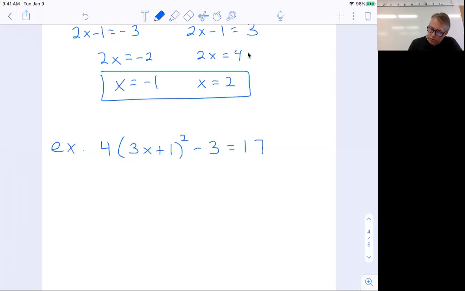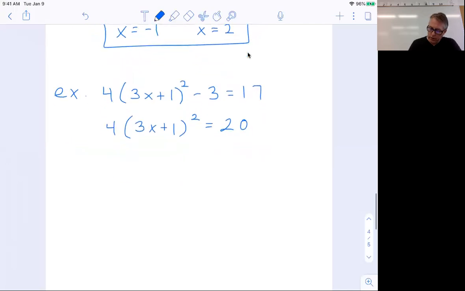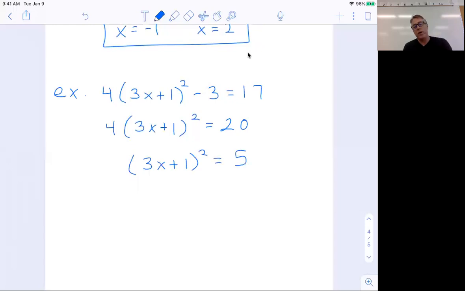So I'm going to move the 3 over by adding 3 to both sides. So we have 4 times quantity 3x plus 1 squared is equal to 20. And then we're dividing by 4, so we have 3x plus 1 squared is equal to 5. 20 divided by 4 is 5.